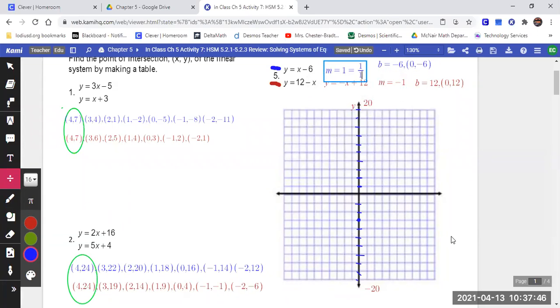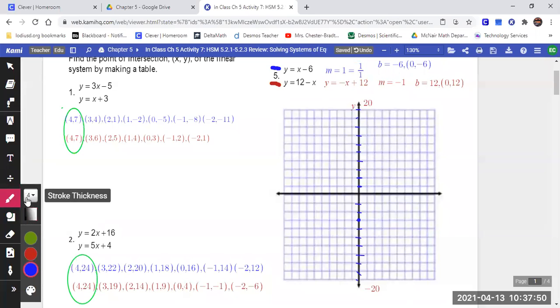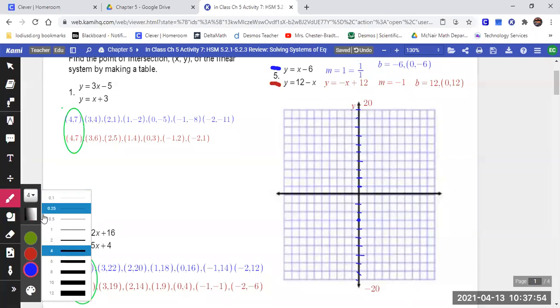A 1 over 1. That means, since it's a positive 1, that each time we jump, we're going to be going up 1, right 1, because they're both positives from our beginning.